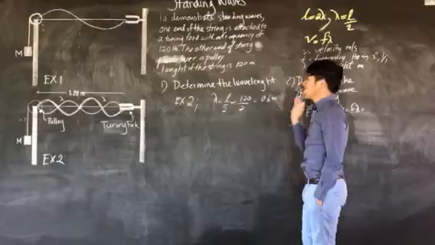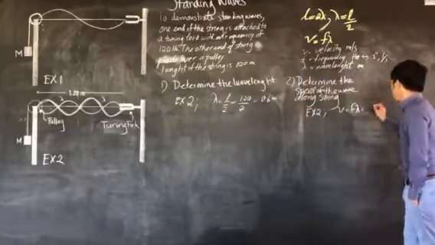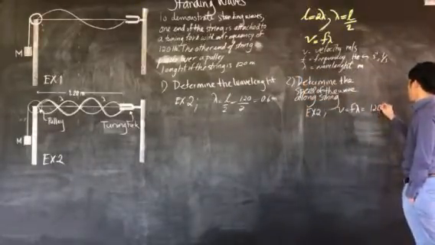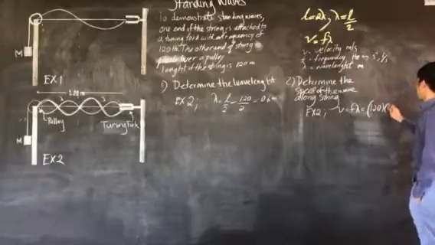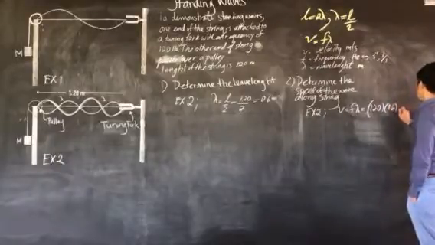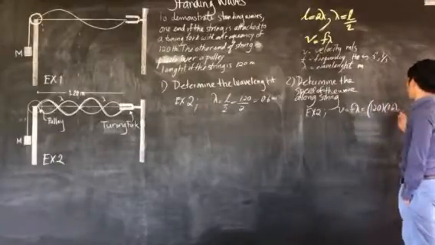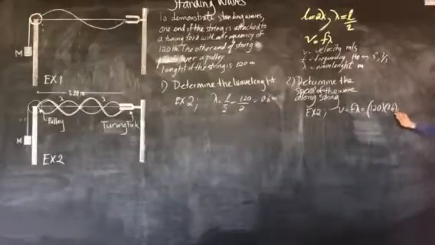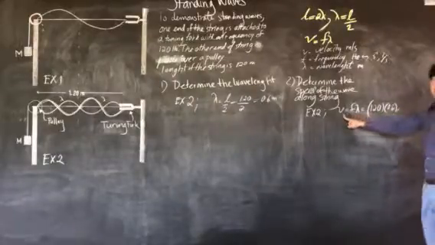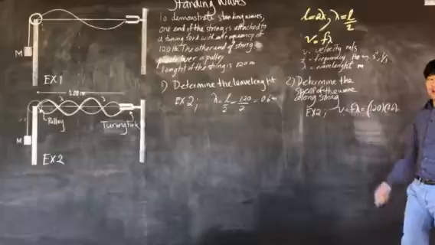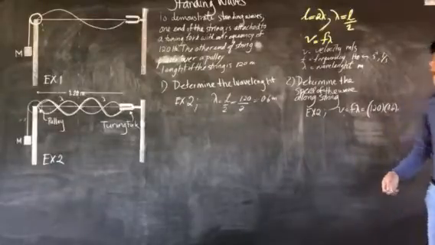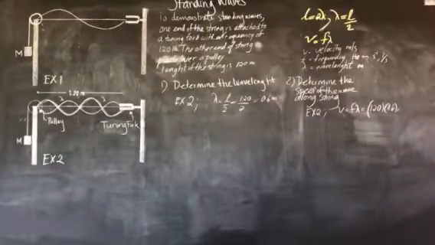That's what we need to know. So frequency is 120 multiplied by your wavelength, which is 0.6. So this is the answer for the velocity.